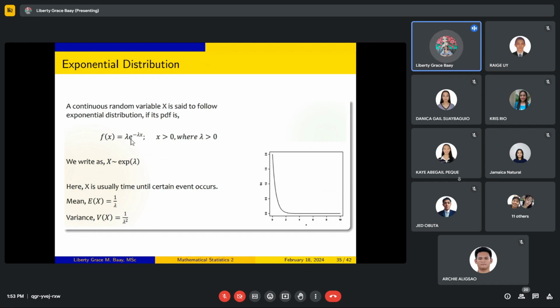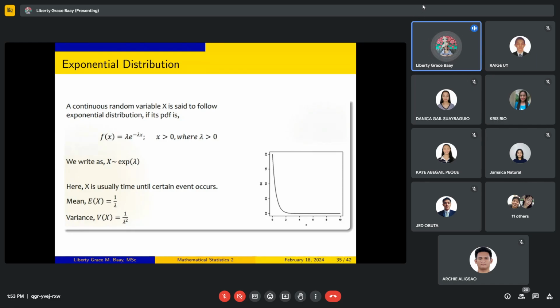So take note class that for the exponential distribution, your x is greater than 0 and also your lambda is greater than 0. So this is the graph. Okay. So we're going to write as x is exponentially distributed with lambda. Okay. So here, x is usually time until certain event occurs.